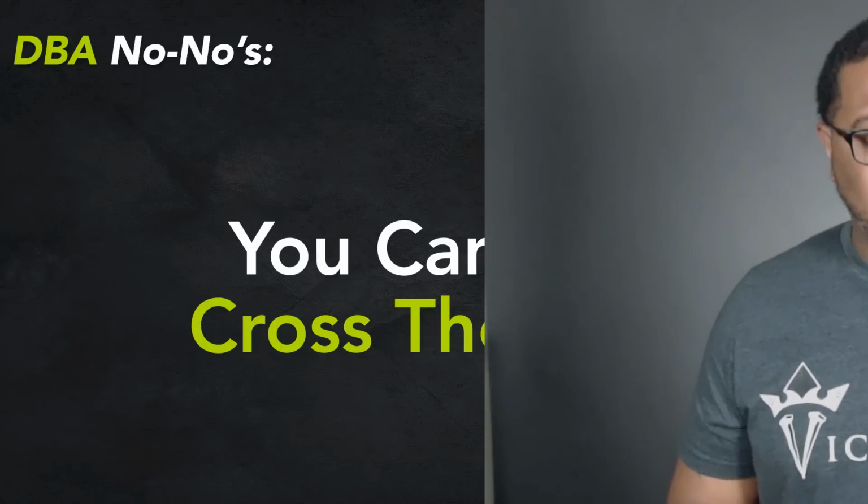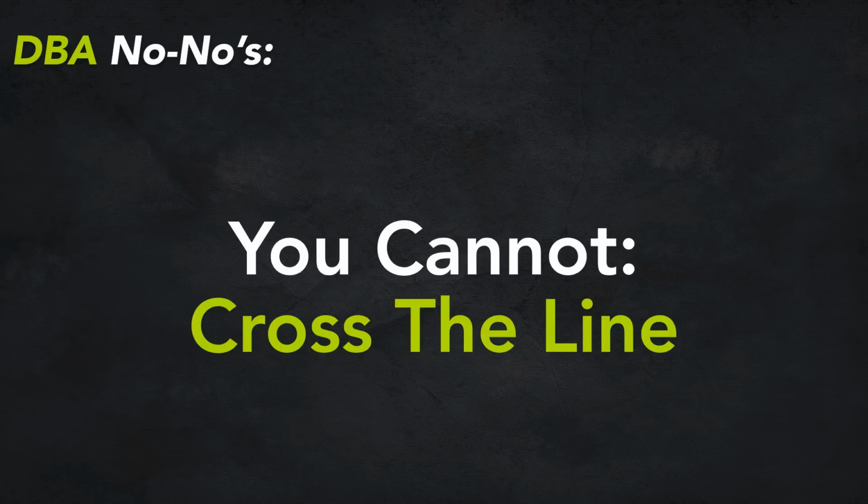Okay. Next thing to understand is that you cannot cross the line. Earlier, I mentioned that DBAs were only good for your local area or your local jurisdiction. And what I mean by crossing the line is that when you form a DBA, it is only good for that county, for that city, for that jurisdiction that you formed it in.